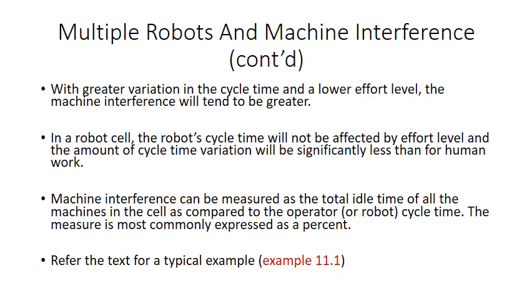With greater variation in the cycle time and a lower effort level, the machine interference will tend to be greater. In a RoboCell, the robot's cycle time will not be affected by effort level, and the amount of cycle time variation will be significantly less than for human work.